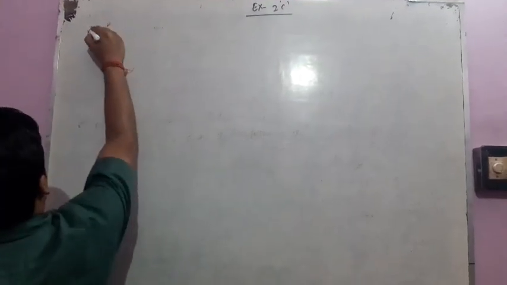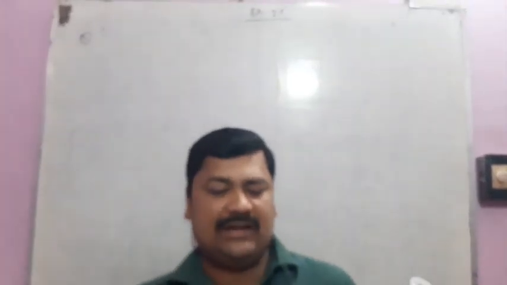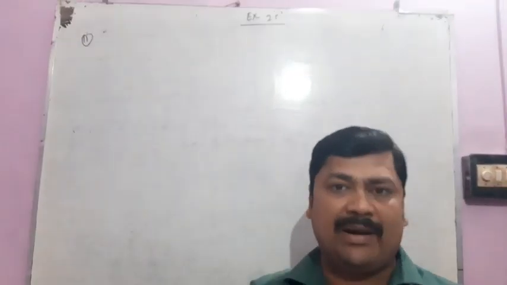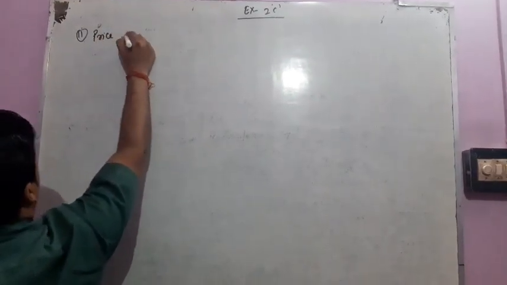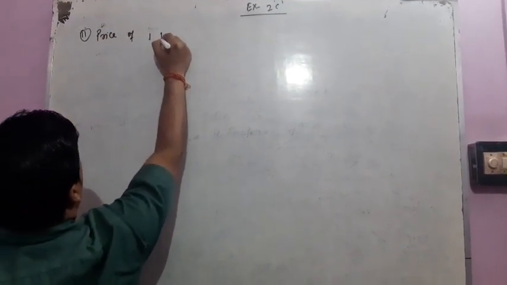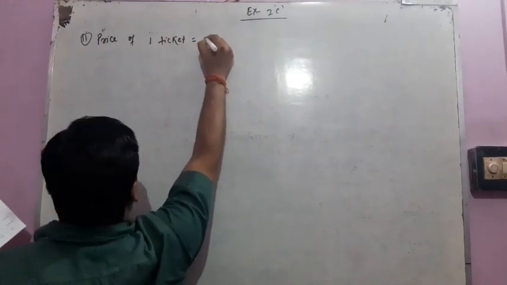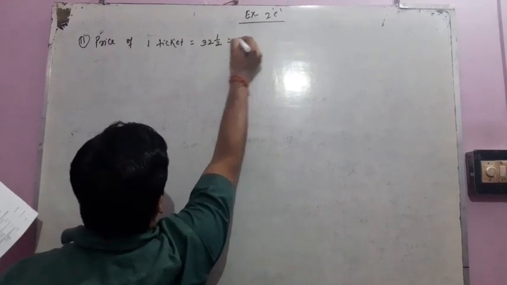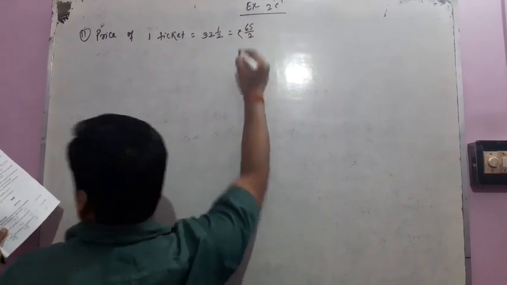Now, in question number 11, it is given that at a charity, the price of each ticket was 32 whole 1 by 2. Price of one ticket, that is 32 whole 1 by 2 rupees. 32 2s are 64 and 1, 65 by 2 rupees.